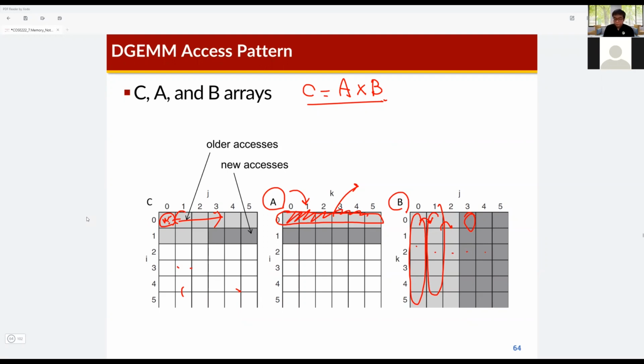So every column is used for every computation for this row of the result matrix C. What's the problem? If the matrix size is large, this column can be stored in the L1 cache. Also, we can store the next column, column 1, column 2.